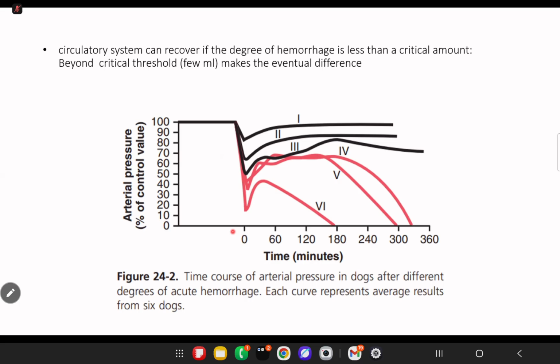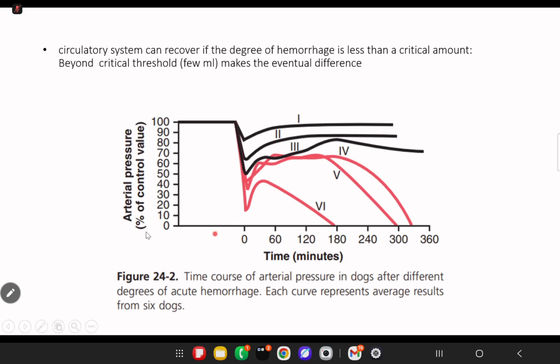Now, let's have a look at what happens. This graph I have put is from Guyton. It shows the experiment they did. They took some dogs and bled volumes of blood out to see what happens.